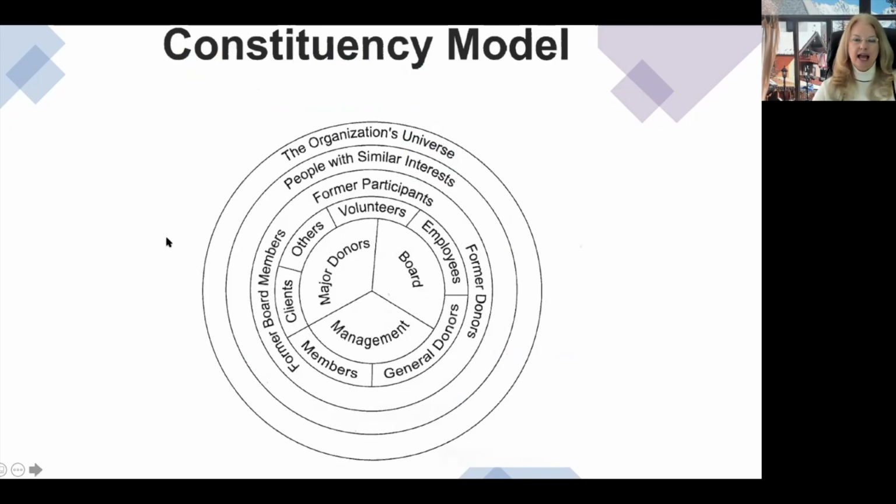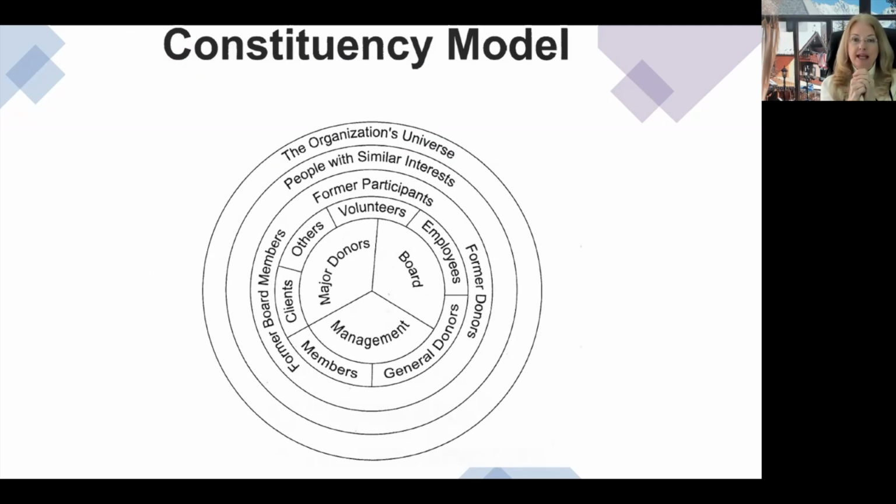And then I want you to go next to this constituency model. Now, some of these things you will not have because you're a new nonprofit, but you can replace the words in here with the words that make sense for you. It starts in the center. These are the people who are closest to your nonprofit and what your nonprofit does.